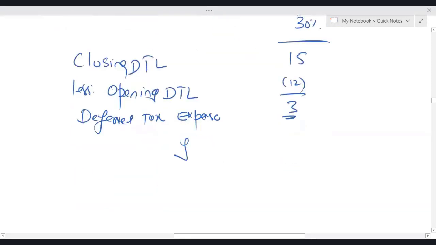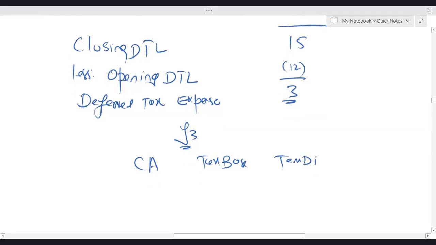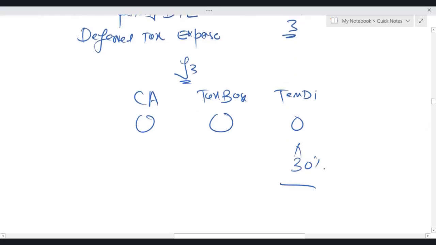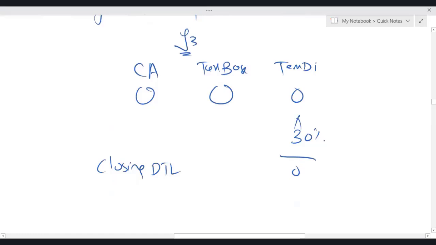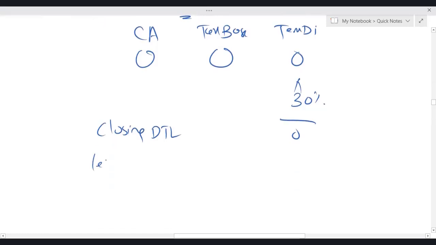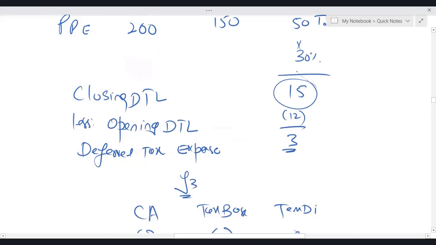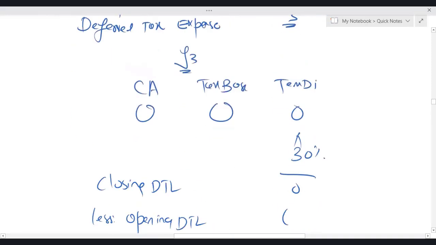Third and the last year. Carrying amount, tax base, and temporary difference are 0, 0, 0. Then obviously closing deferred tax liability will be 0. Now closing of year 2 becomes opening for year 3, less opening deferred tax liability.